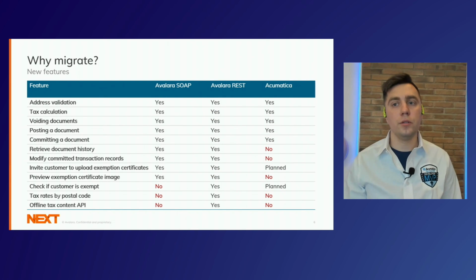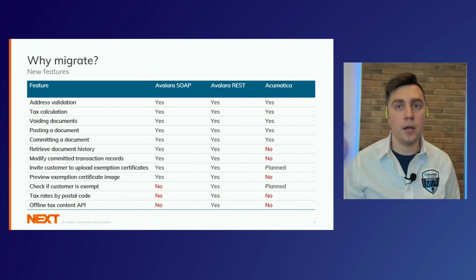Let's talk about new features. Here's a short list of the most popular features in Avalara with a comparison of availability by API. Currently in Acumatica we use five: address validation, tax calculation, voiding documents, posting a document, and committing a document.